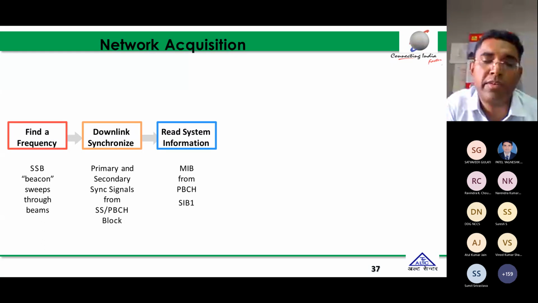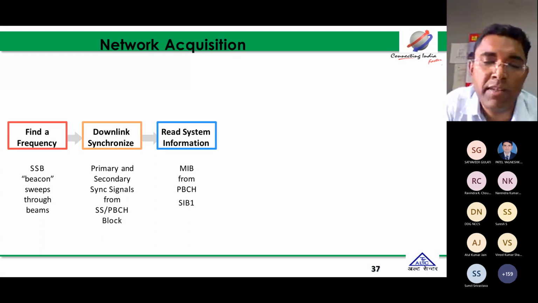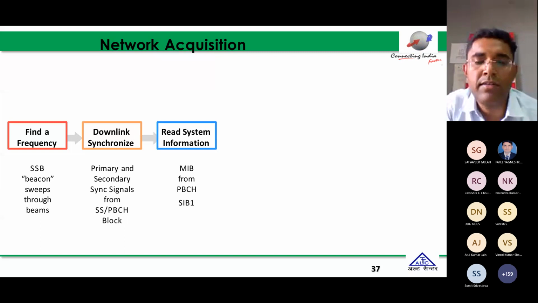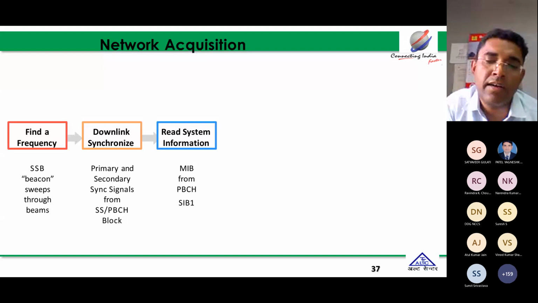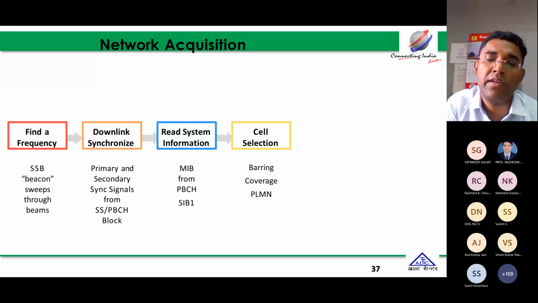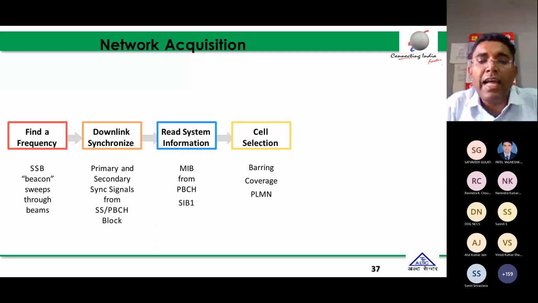In the broadcast channel there is also system information block 1. In the MIB there is the location information of SIB1. After that, it reads SIB1, applies the cell selection criteria and latches with the cell.